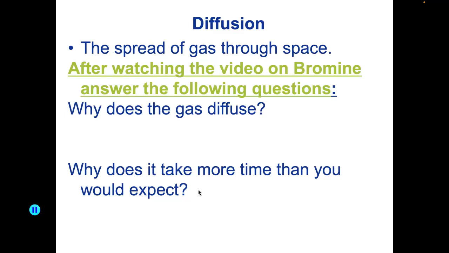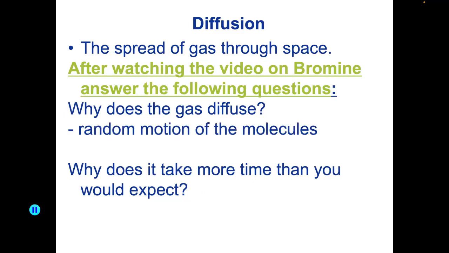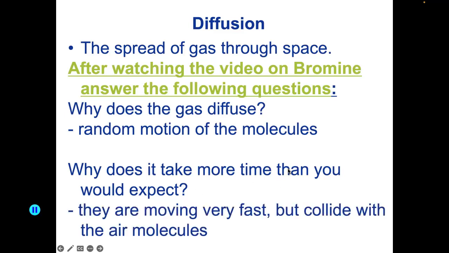And so heavier gases take longer to diffuse. So random motion of molecules is why gases diffuse. They want to move all over inside of the space that they can take up. And the bromine molecules are moving fast, but they collide with the air molecules, and because it's such a heavy gas, it's not able to travel as quickly.